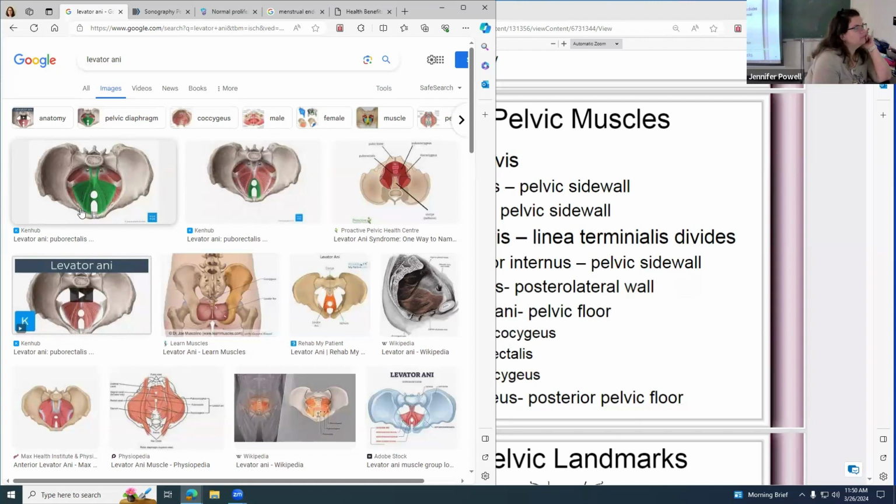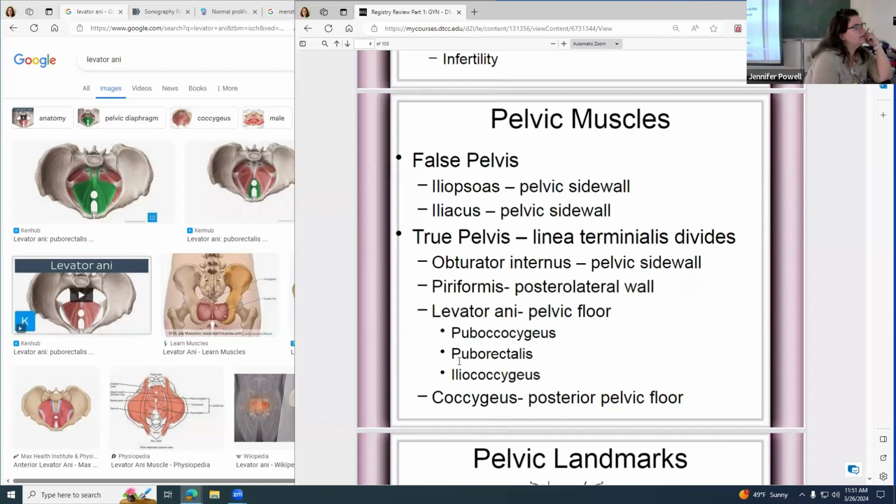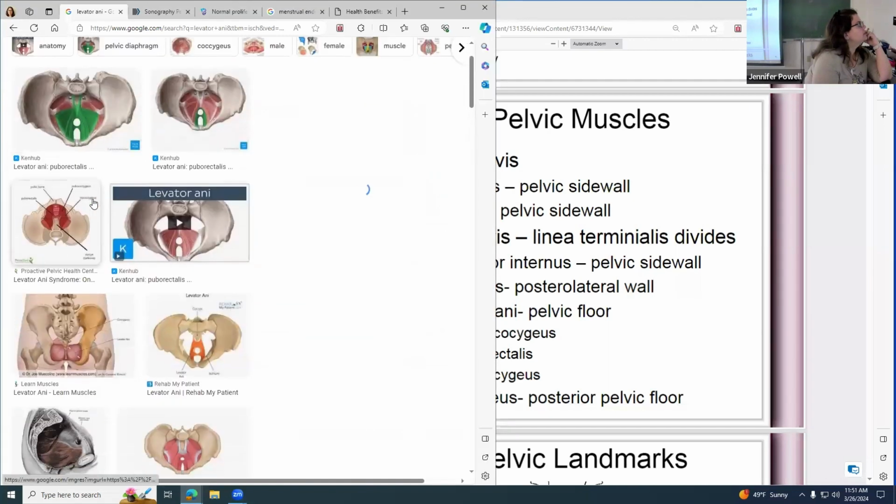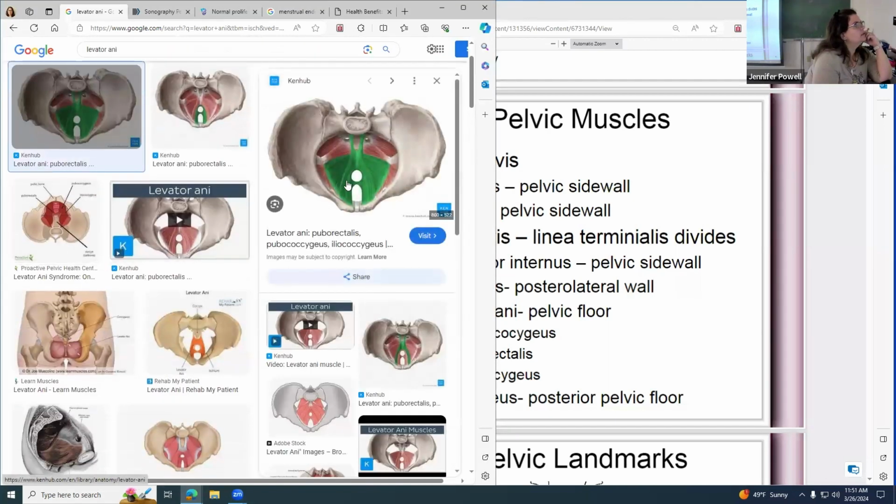And then they're named pretty logically. Like puborectalis would be this muscle that comes around like a sling, those openings.